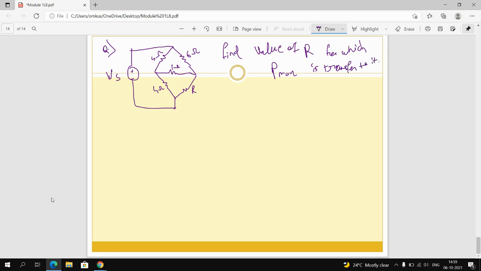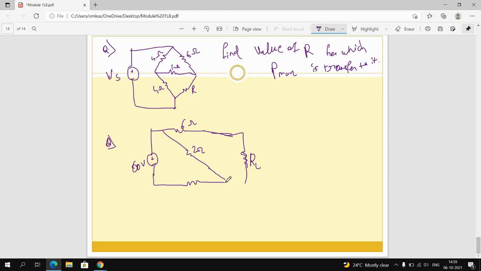Okay, and the second problem is this: 60 volt and 6 ohm resistance is given to you. This is your 2 ohm. This is RL. This is 2 ohm.